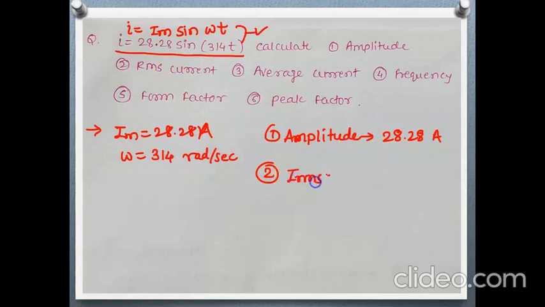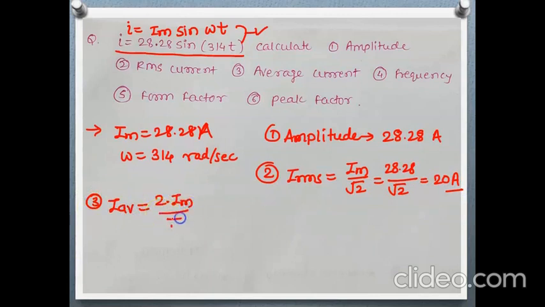IRMS is Im upon root 2, and Im is 28.28 divided by root 2, which is equal to 20 ampere. Then third is average. I average equals 2 into Im divided by pi. So 2 into 28.28 divided by pi will be 18 ampere, and this is the average current value.